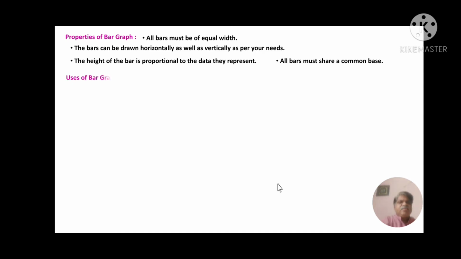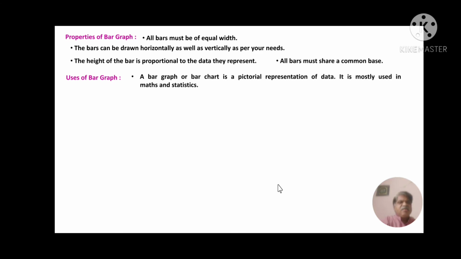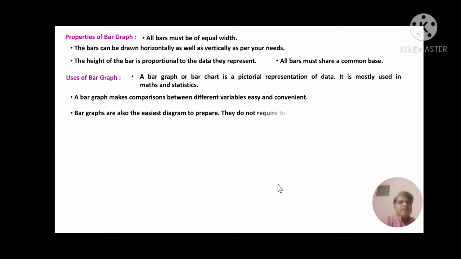Now, what are the uses of these bar graphs? A bar graph or a bar chart is a pictorial representation of the data. It is mostly used in maths and statistics. A bar graph makes comparison between different variables easy and convenient. Bar graphs are also the easiest diagram to prepare.